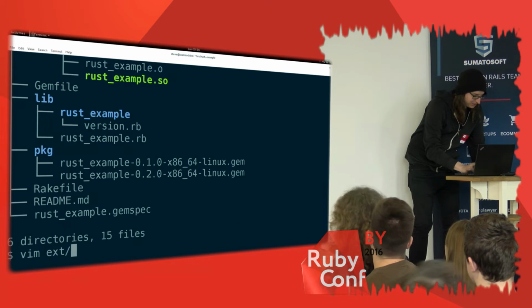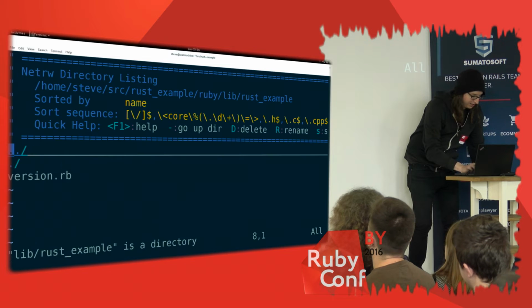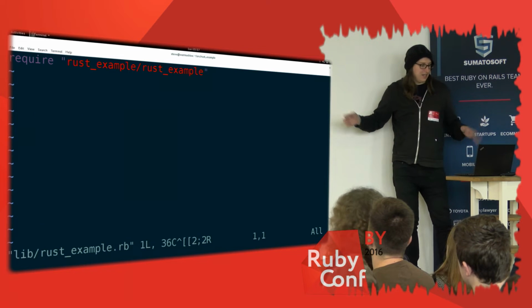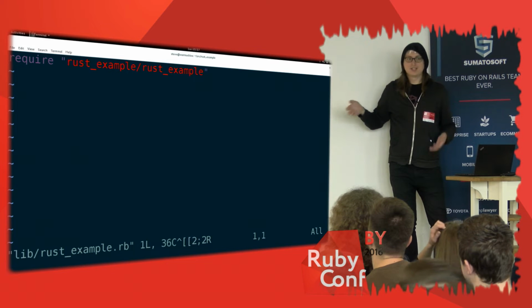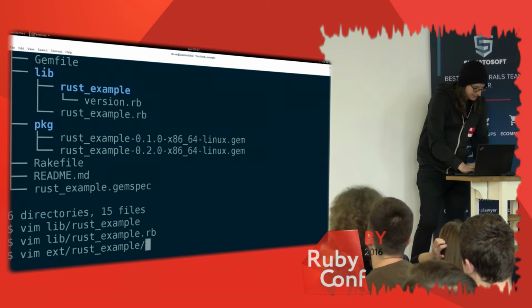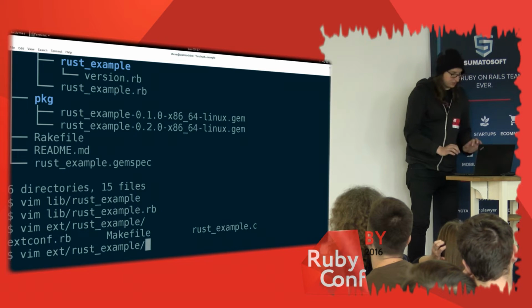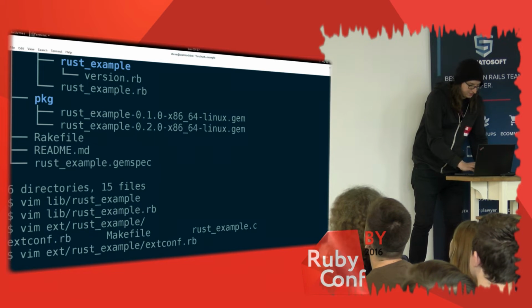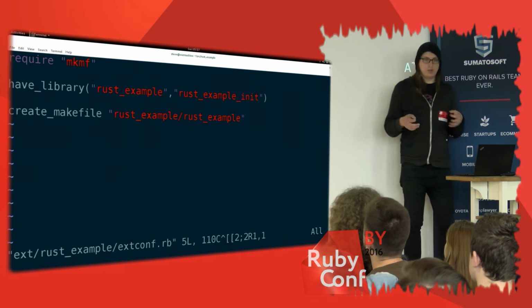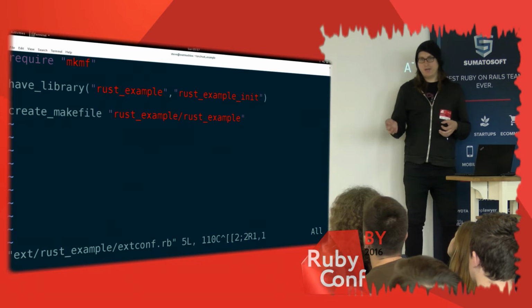If we look into the lib directory, the rust_example.rb has nothing in it other than just requiring these two things. And this is going to require the C code, basically. And then in the ext directory, there's a couple of interesting files. The first one is extconf.rb. extconf.rb is a special file that RubyGems runs whenever you install the gem.